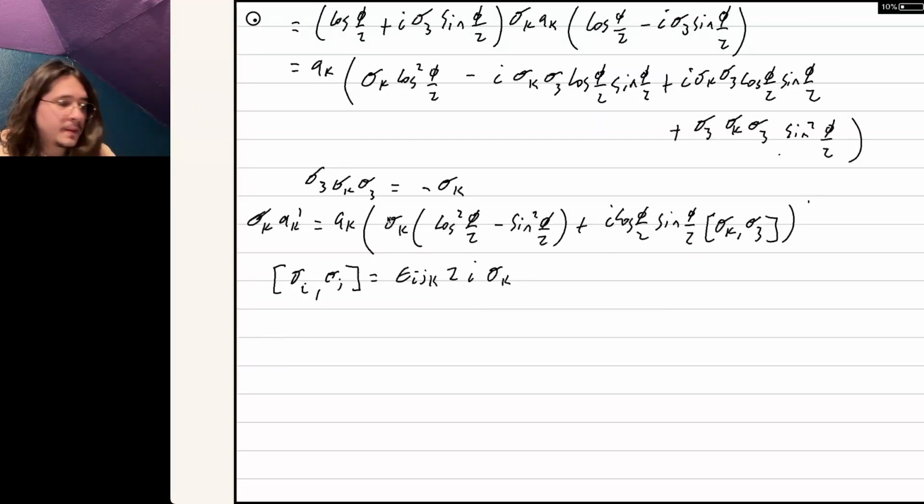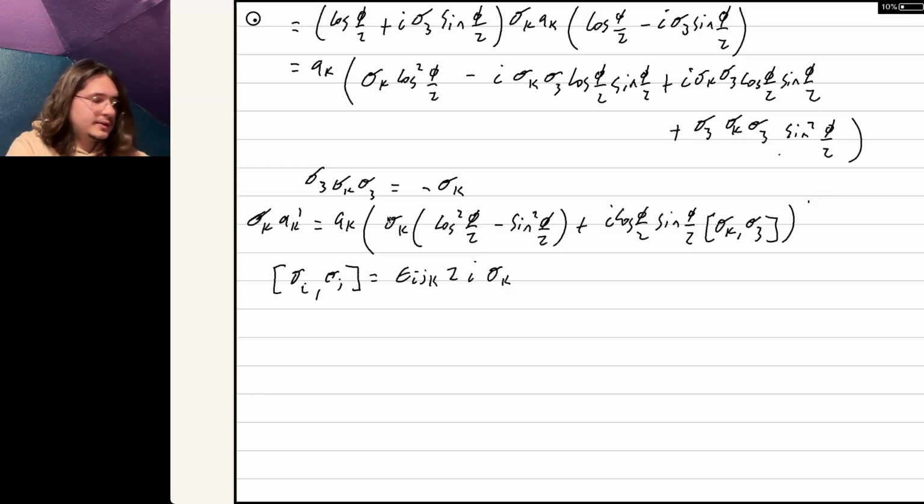That's the commutator for the Pauli matrices. At this point, it's worth specifying which k you're looking at. So k equals 1, k equals 2, k equals 3, because that's how we're going to get our commutator, whatever it's going to be.